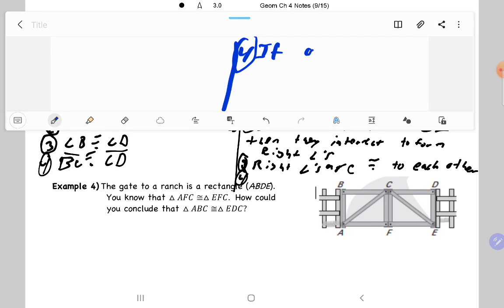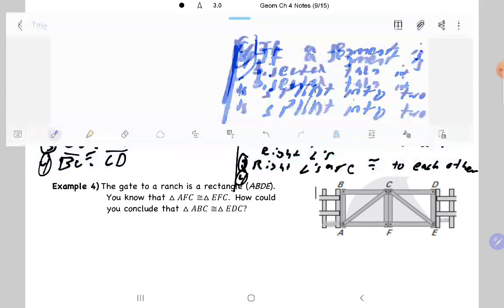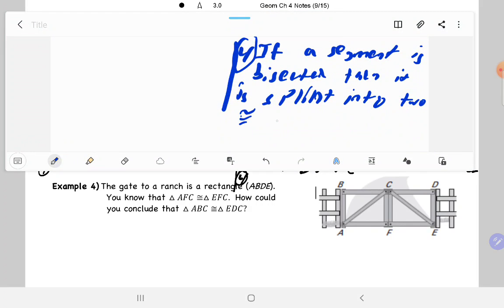So if a segment is bisected, then it is split into two congruent parts. So if a segment is bisected, then it's split into two congruent parts.